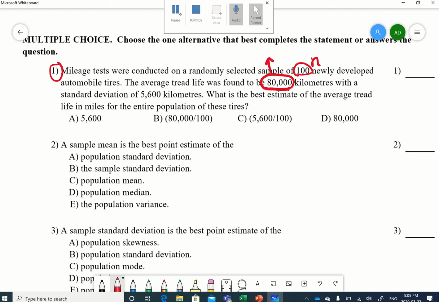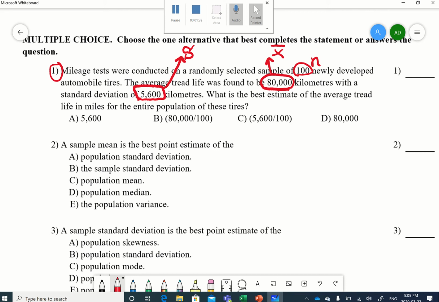That means this is your sample mean, X bar, with a standard deviation of 5,600 kilometers. Again, this is for the sample of 100 tires, right? This is your sample standard deviation, S.